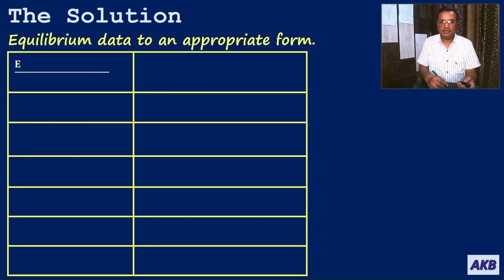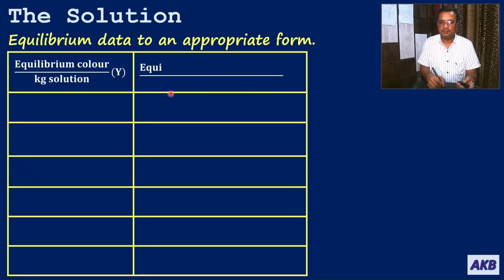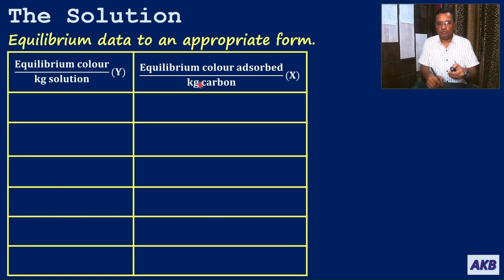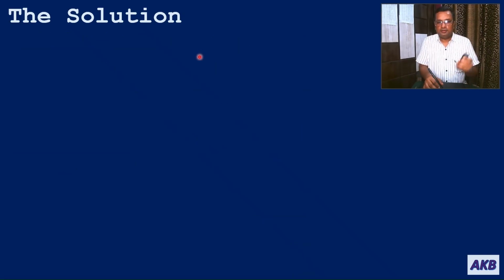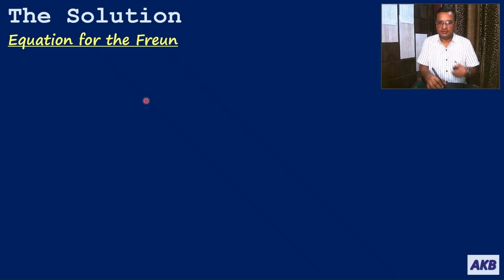I have collected all the values of capital X and capital Y, which we will be using. I have just told you how to get the values of X. So you have various values, 9.6, and I'll just take all the values, and these are the calculated values for capital X. Now let us complete the first task.